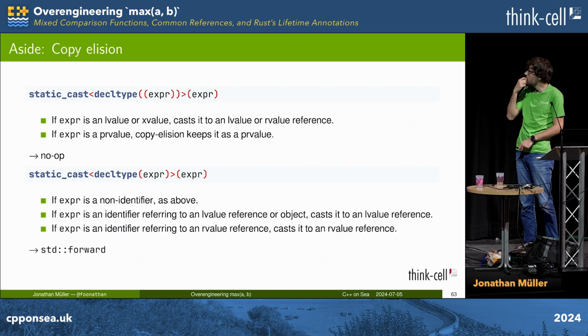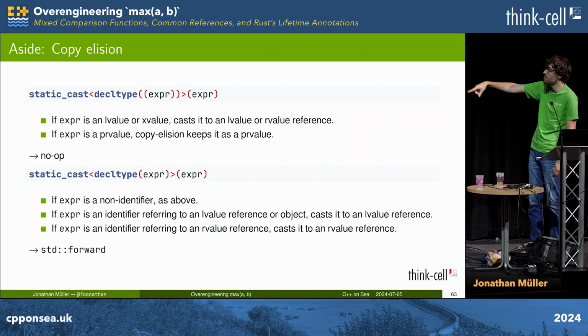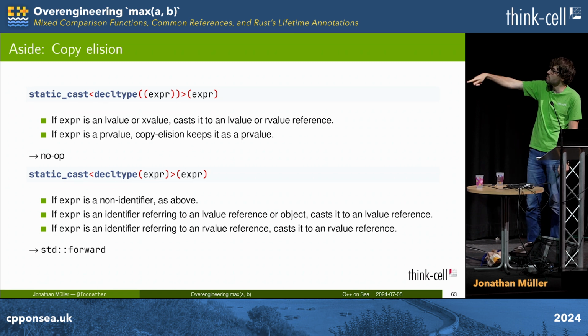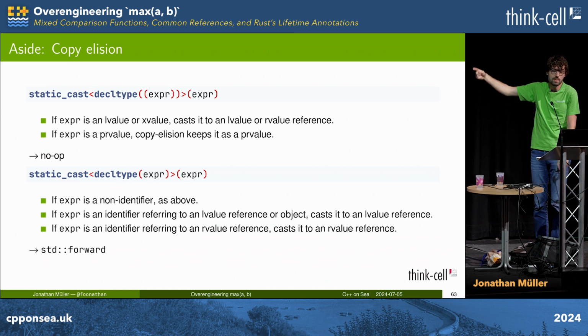If we use static cast with single parentheses, however, then the special rules for identifiers kick in, and it looks at the type of the identifier, and if it's an L value reference, it casts it to an L value reference, and if it's an R value reference, it casts it to an R value reference, and then we implement std::forward. It's really funny how just the addition of parentheses completely changes what this function does. The one is a no-op, and the other one is an implementation of std::forward. C++ is such a great language.